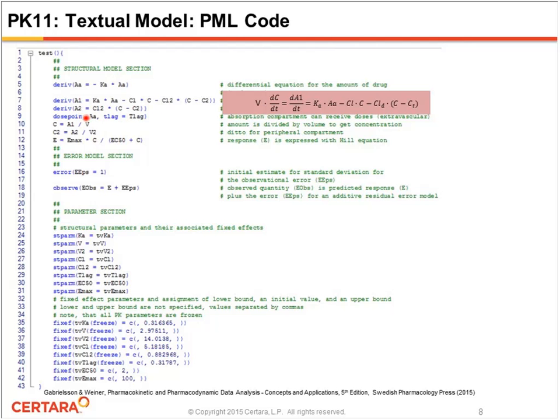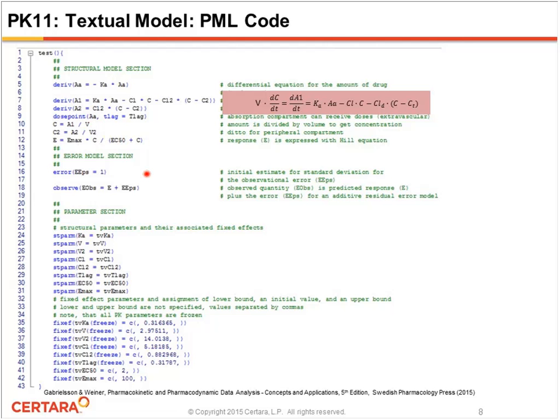Followed by the dose point are some general equations, and this is just converting the drug amounts to drug concentrations by dividing through the volume. And then we've got the expression for the effect, and for the effect you just enter the Hill equation, like you saw on the previous slide.